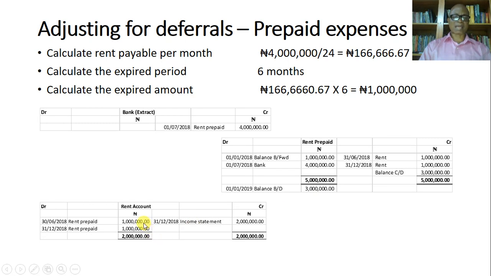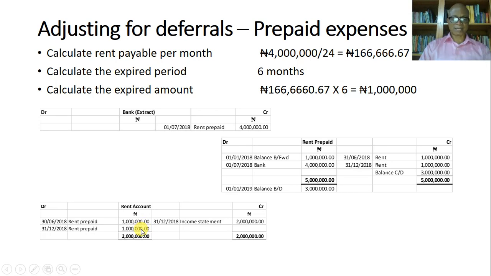So here, come back to rent. We have the first 1 million that expired on the 30th of June 2018, and then the amount that expired in 2018, the first 6 months.